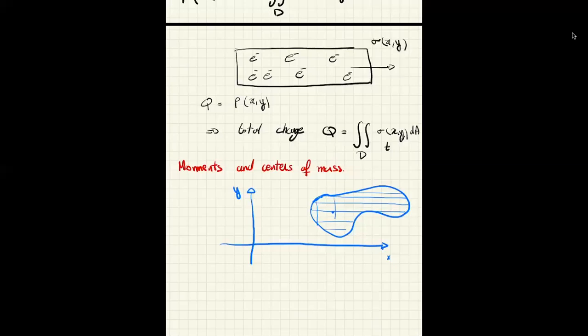We take a rectangle and a random point inside.